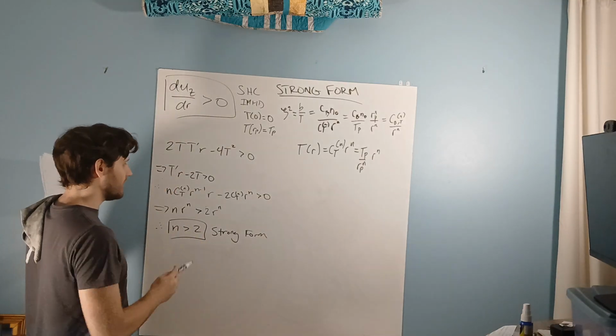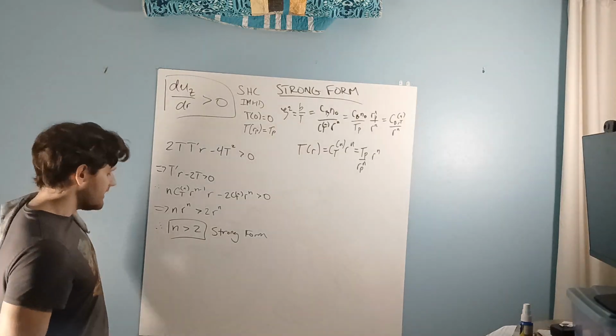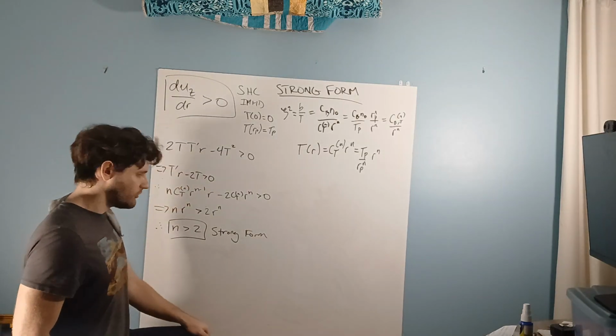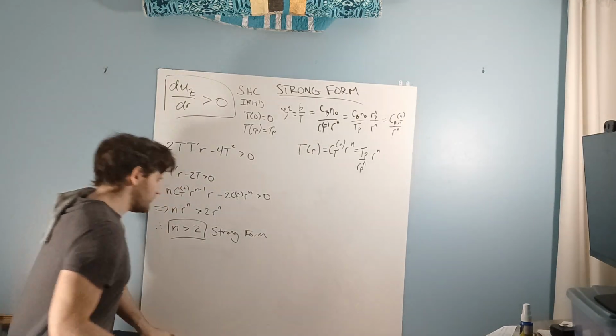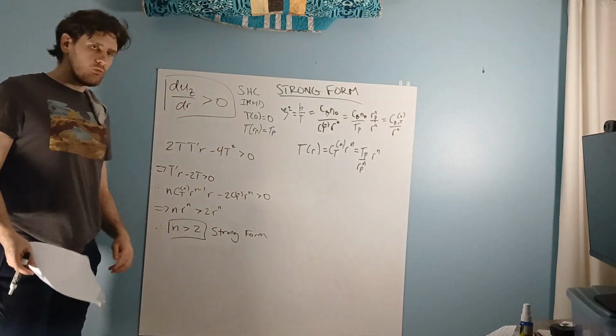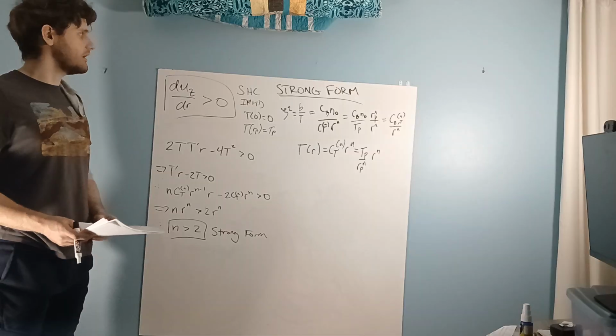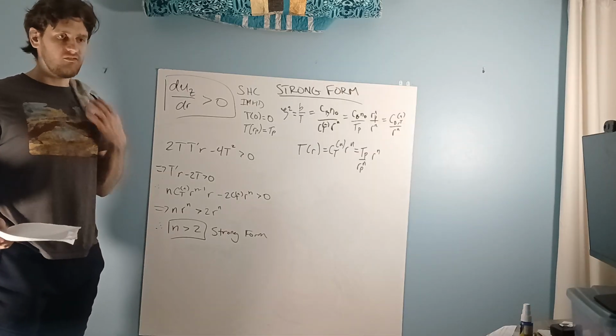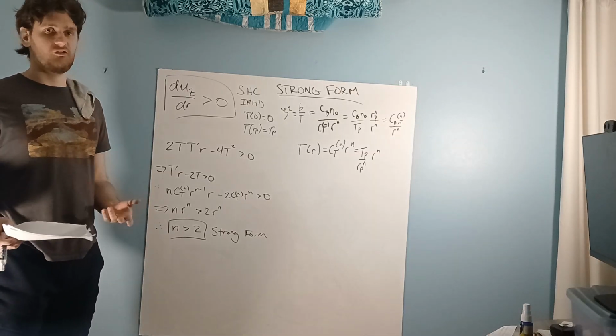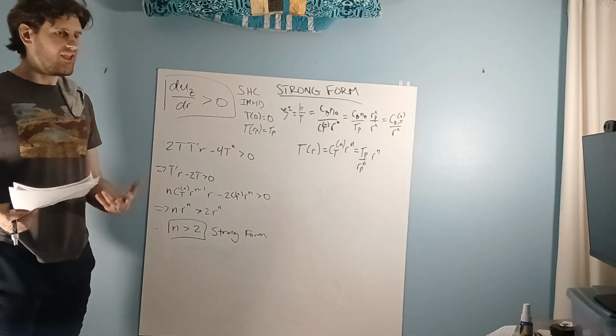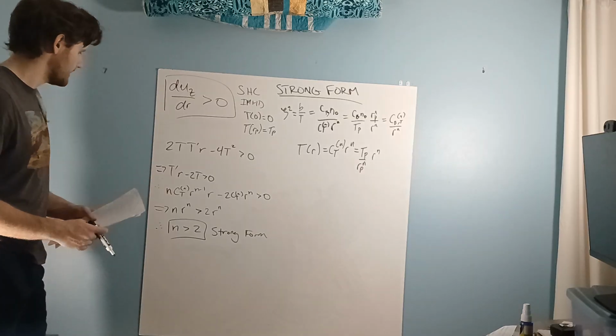Now this is a strict inequality, right? But what's interesting is that if n is equal to 2, well, then we have a parabola, and we saw that previously the weak form admits t greater than r squared. So it's a very interesting connection there.